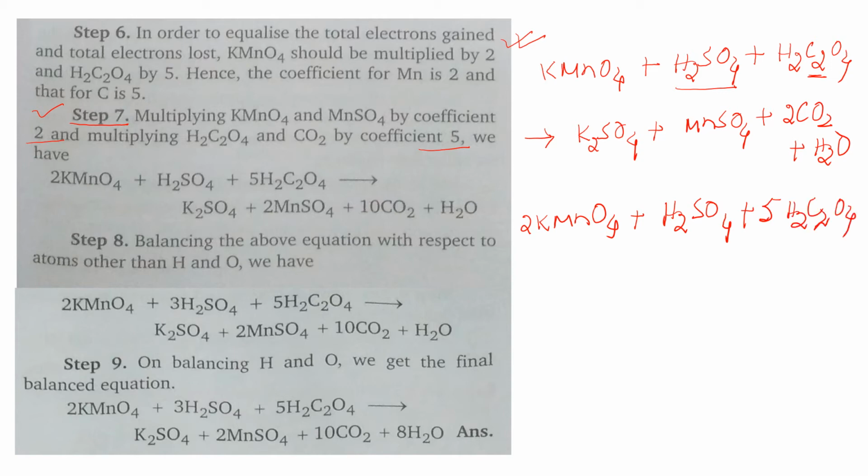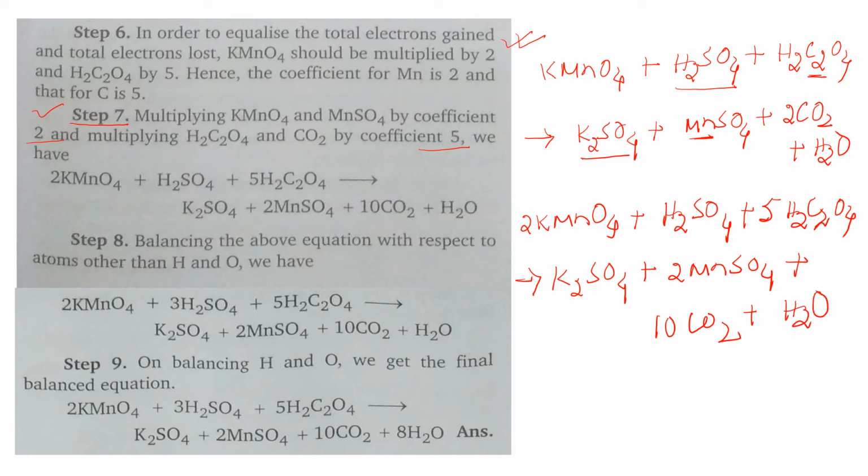Then in the right hand side, in K2SO4 neither Mn nor carbon is present, so I will write it like that only, K2SO4. Plus Mn is present, so it has to be multiplied by 2, so it will be 2 MnSO4. Now carbon has to be multiplied by 5 and I am having 2 here, so it will be 10 CO2 plus H2O.